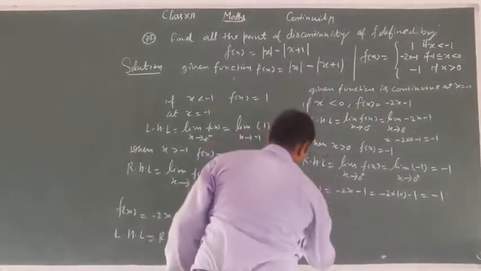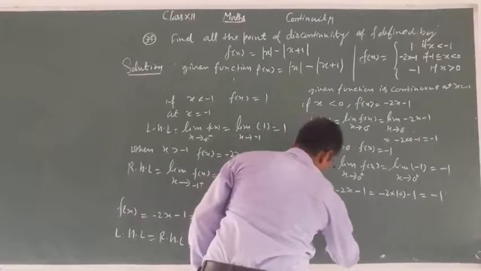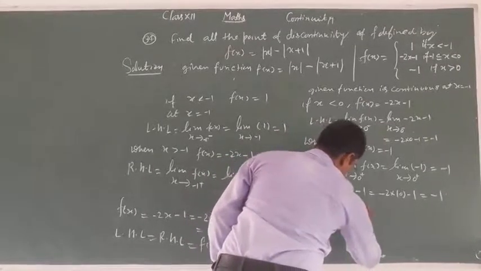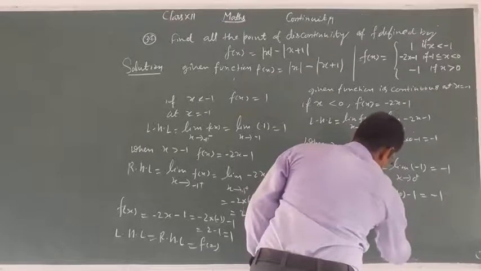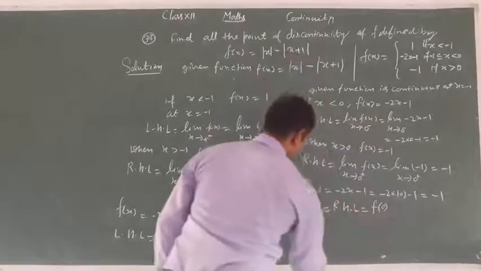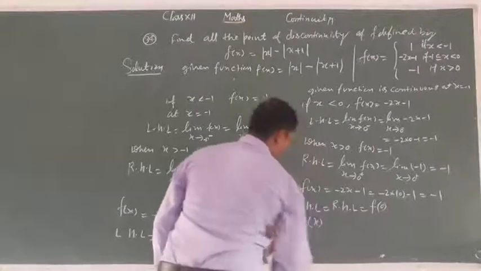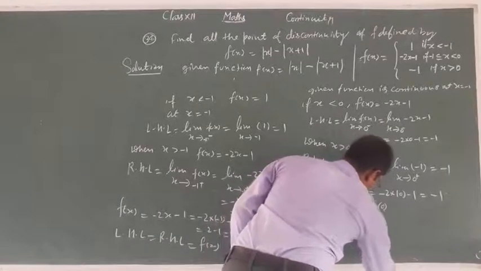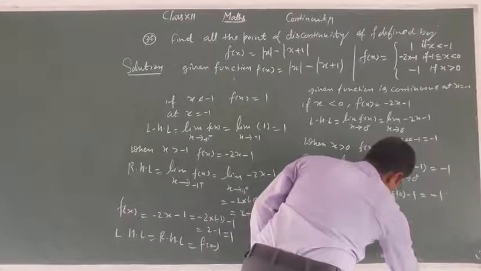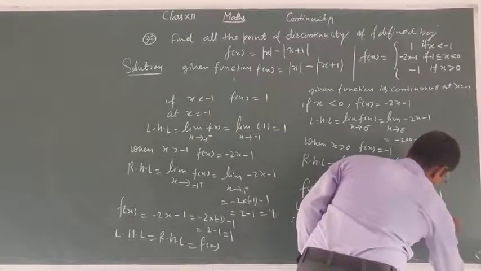So the left hand limit is equal to the right hand limit is equal to the function value, these are equal. Therefore function f is continuous at x is 0.